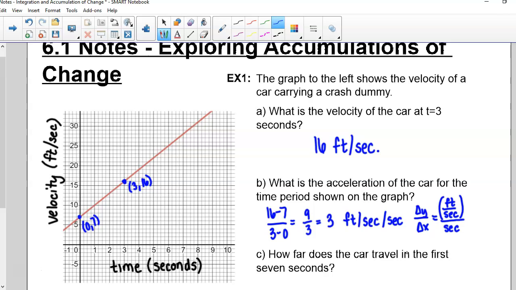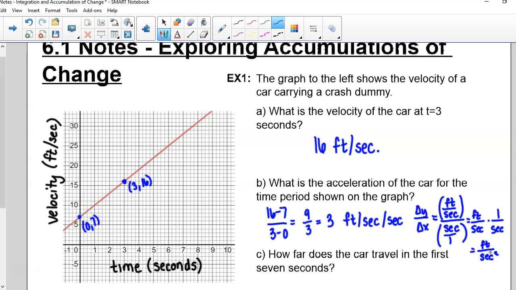If I wanted to simplify, I could put this over 1, so I'd have feet per second times 1 over second. So sometimes you might write it as feet per second squared.